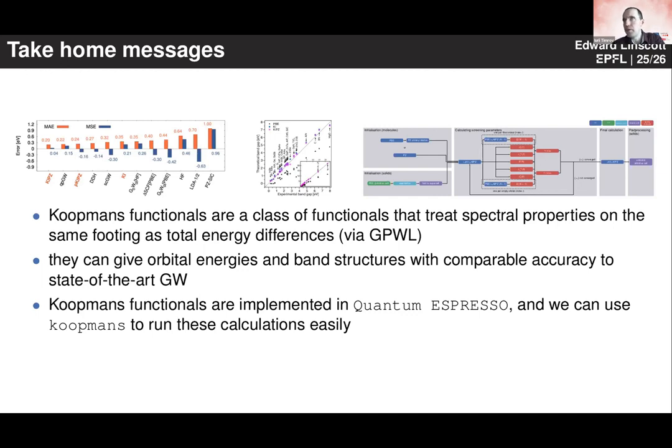Actually, Riccardo De Gennaro already answered that Koopmans is not yet implemented for metals, and that you need to use some other method to open the band gap. Suppose we use DFT plus U to open a band gap in cobalt oxide or iron oxide. Then if you applied Koopmans on top, have you ever tried to do that? No, it's on the to-do list.